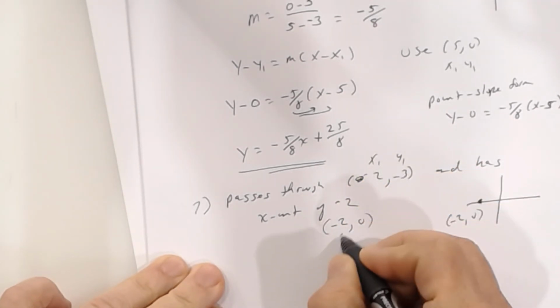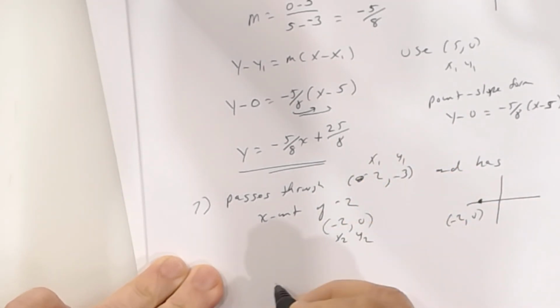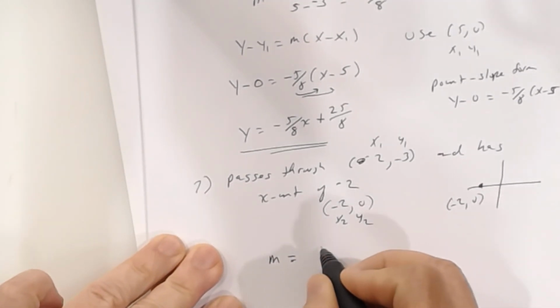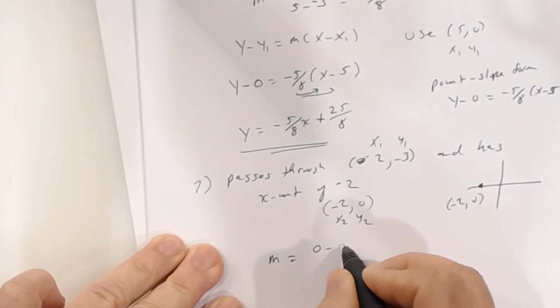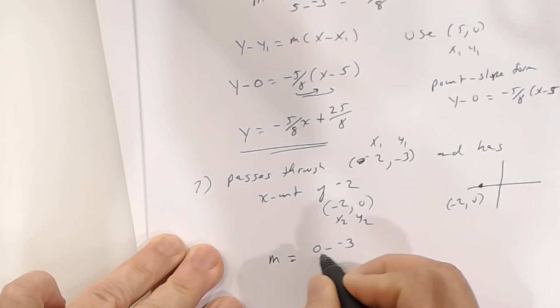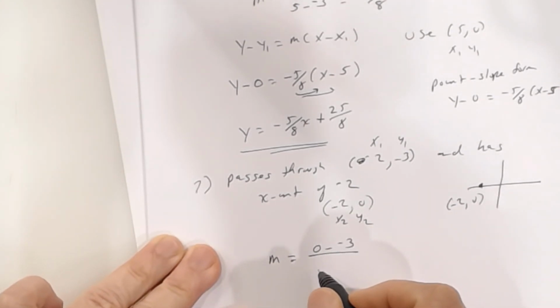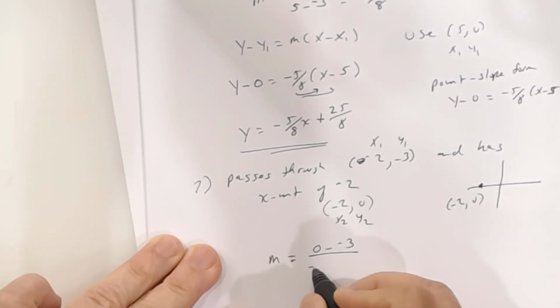x1, y1, x2, y2. So the slope equals, what's y2? Subtract negative 3 over, if I start with 0, what must I then write down there first? Negative 2.